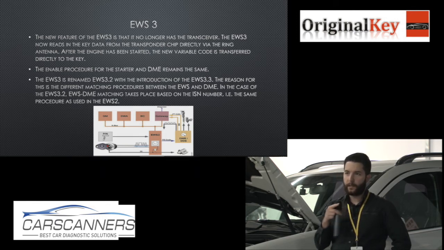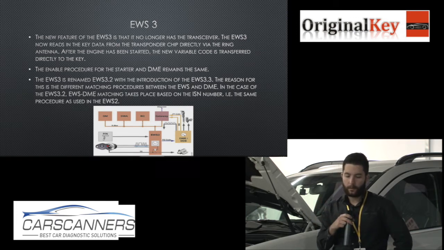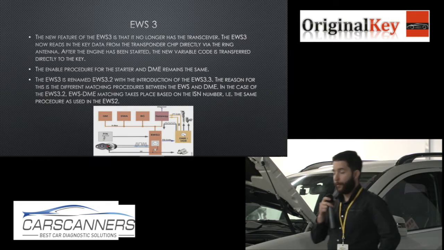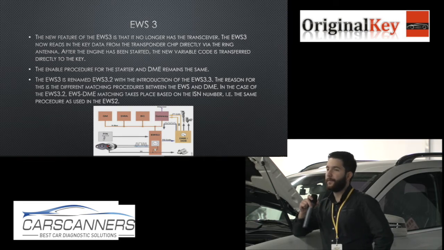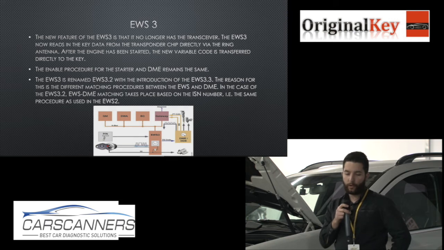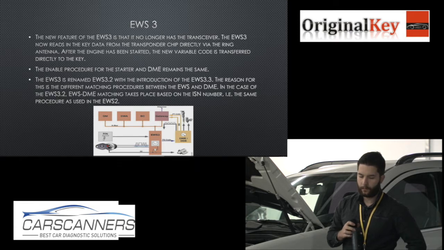You might actually see this system as EWS 3.2, after the release of EWS 3.3. The difference between the two is the matching procedure between the EWS and the DME.